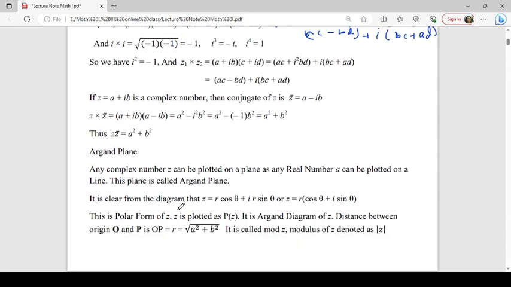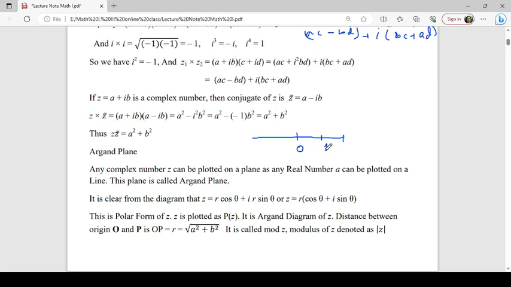And the Argand plane. Every real number we can plot on a line: draw this line, mark this as 0, and we can plot points.